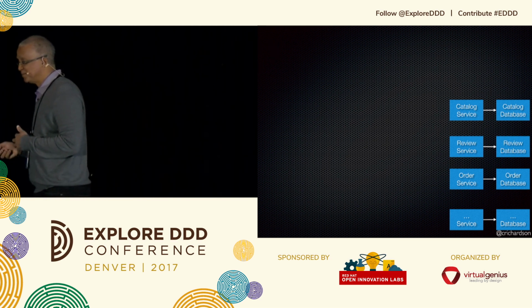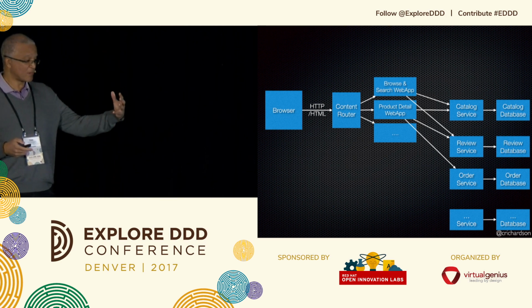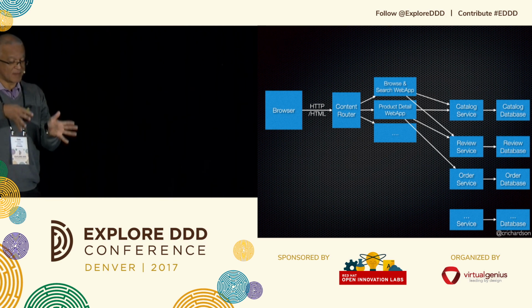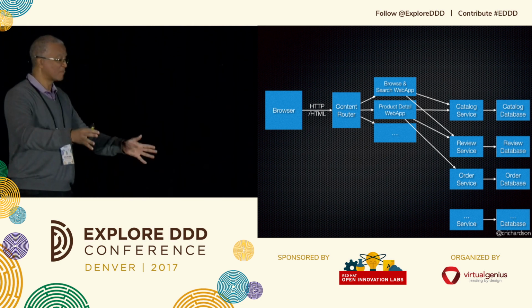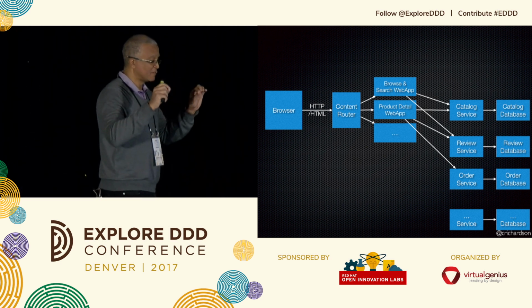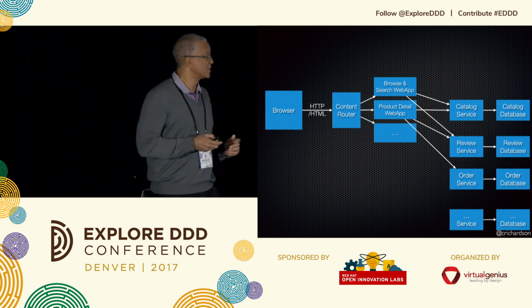microservice architecture. You might also functionally decompose your presentation tier as well, have web applications that implement specific functional areas like product browsing, maybe a web application specifically for the product details page, because that's such a critical piece of functionality.